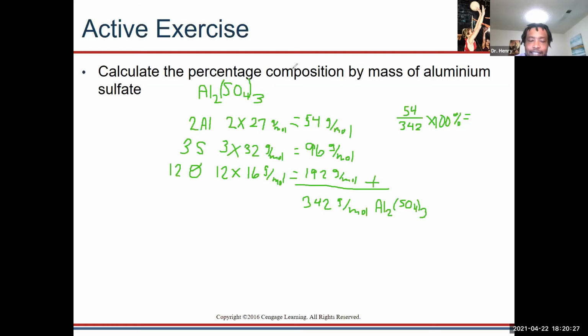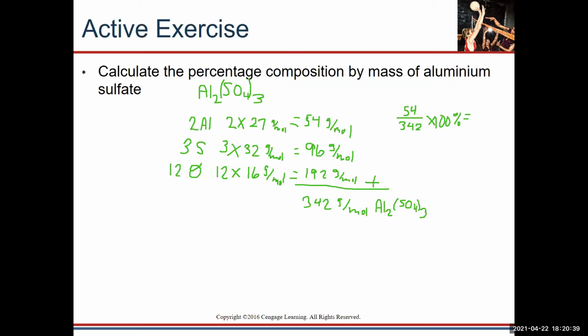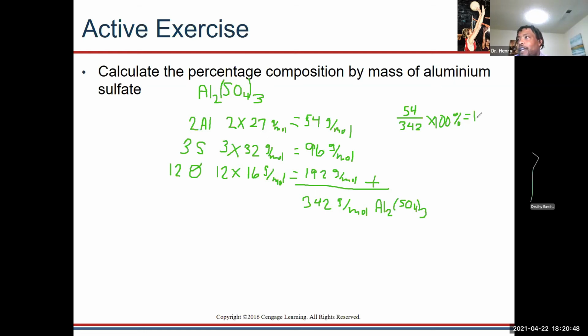Because I can hardly hear you. Ah, 15.78. Okay, and that's percent of aluminum.